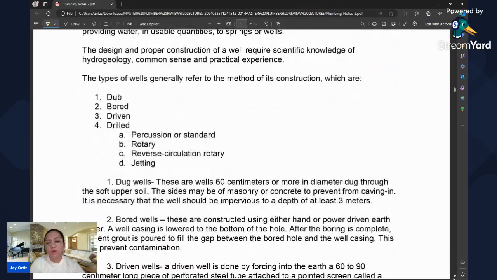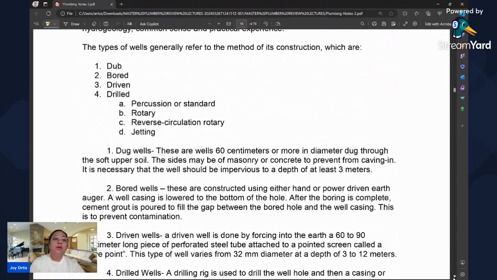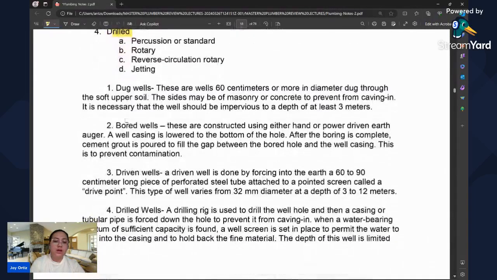So the types of wells generally refer to the methods of its construction, which are dug, bored, driven, drilled. So sa drilled, we have the percussion, rotary, reverse circulation, rotary, and jetting. So first is dug wells. So, dug wells, tandaan natin, these are 60 centimeters or more in diameter dug through the soft upper soil.